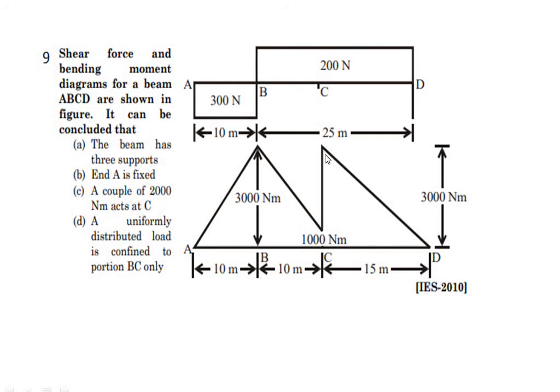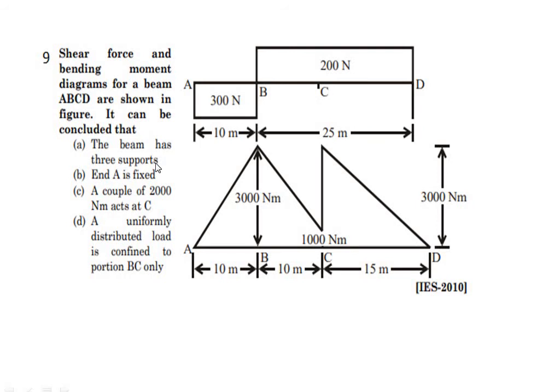So only the spike is in the bending moment due to the couple. So we can very well say that the loading is only due to a couple. So if there is a couple, then the reaction will be between B and D. There will be no force acting between A and B. So as a result there will be no reaction at the point A. So this shear force diagram is not satisfied with the bending moment diagram.